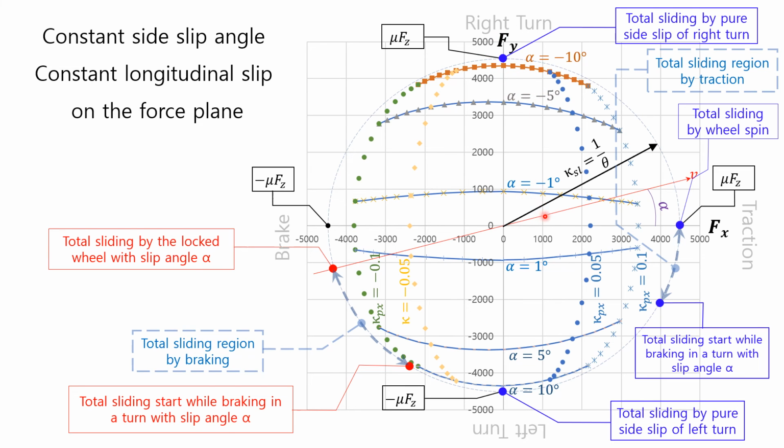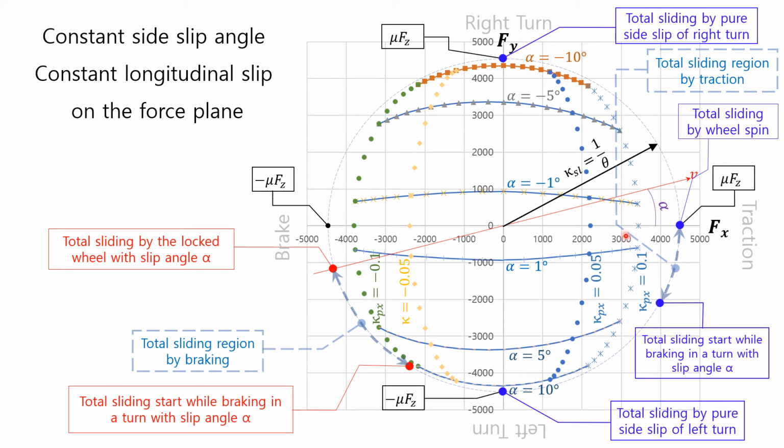This graph shows 6 side slip angle alpha constant diagrams: -10 degrees, -5, -1, +1, +5, +10 degrees, and longitudinal slip kappa px constant diagrams -0.1, -0.05, +0.05, +0.1 are all shown at once.